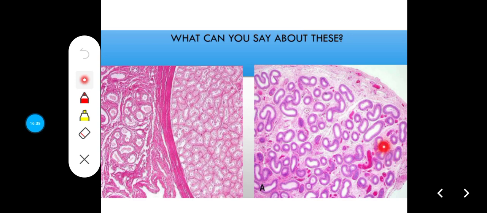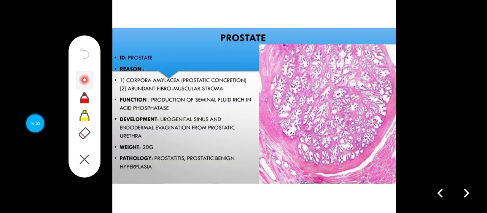So I hope this has clarified the differences between the epididymis and the testis. Now the next organ in the male reproductive system is the prostate.